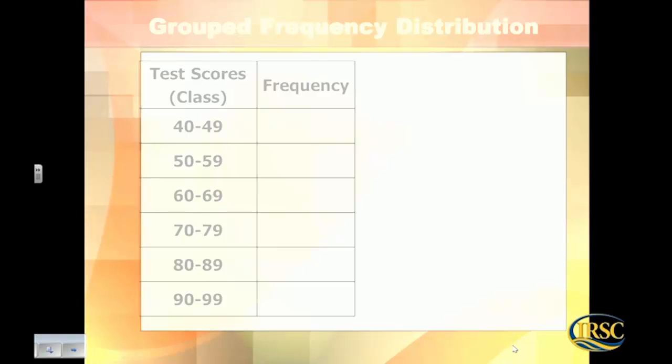Now notice that in this table I did not put a column for a tally, but if you'd like to add a column for a tally, then go ahead and do that. That's up to you. That's whatever you need to do to create your frequency distribution. So if you want the second column to be tally and then just add a third column for your frequency, then that's fine.